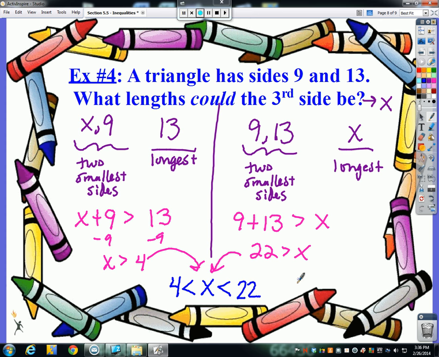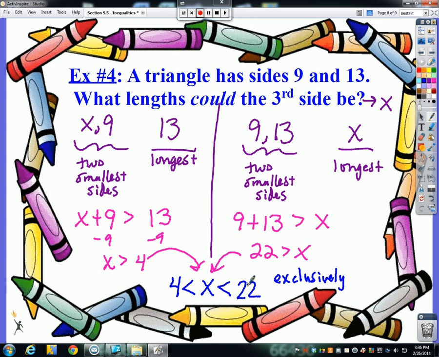And another term we could use to describe this would be to say that x is exclusively between 4 and 22, which means we have to exclude the specific values of 4 and 22.